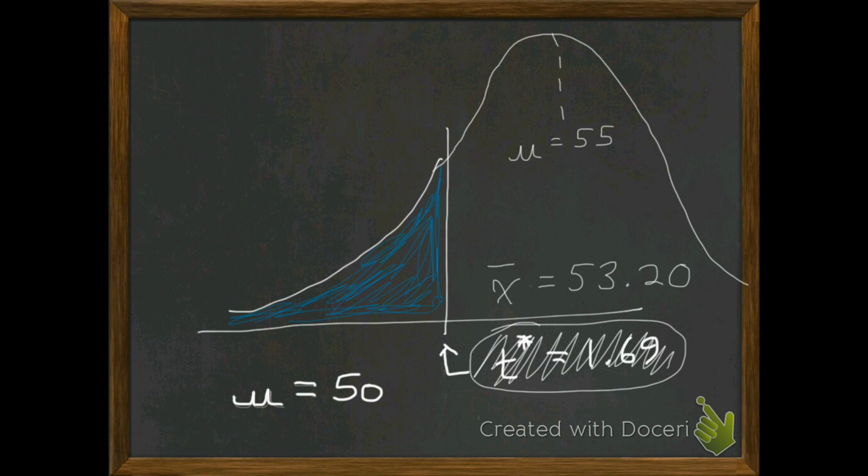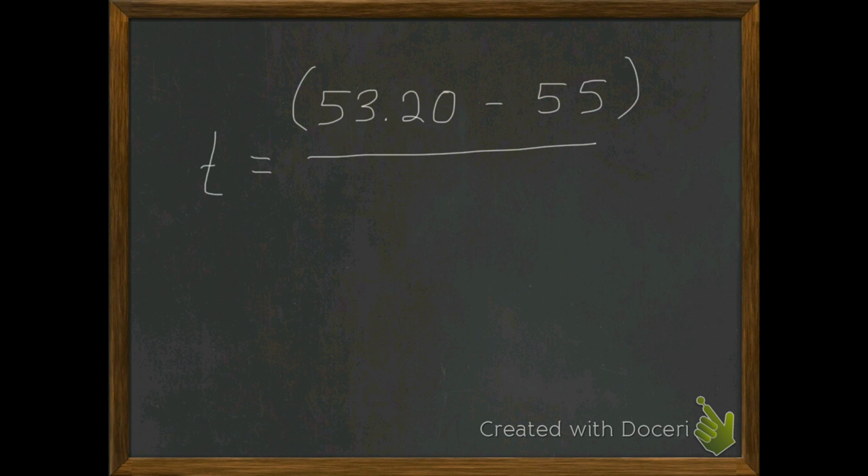We need to find the new critical value for the mean of 53.20 in the distribution with a mean of 55, with that standard error.